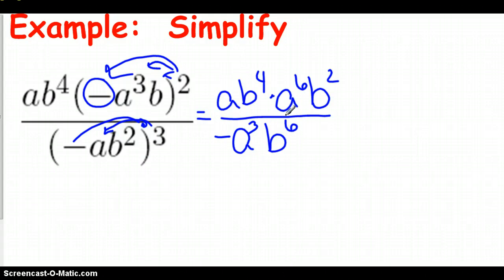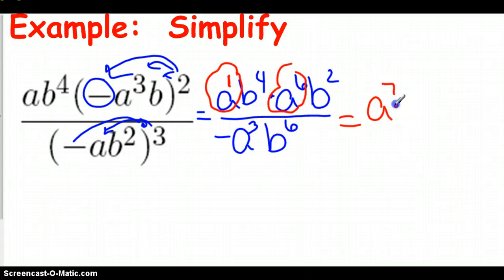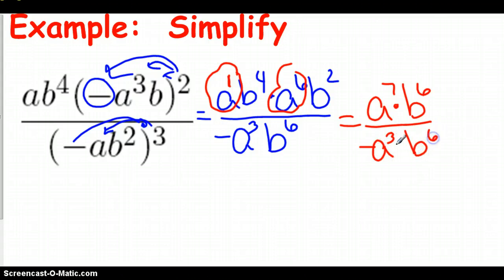Now in the numerator you have 2 a's and 2 b's, so you want to add the exponents for the same variable, same base. Don't forget that this is a to the 1st. So when you add the a to the 1st and a to the 6th, you're going to get a to the 7th, b to the 6th over negative a cubed b to the 6th.